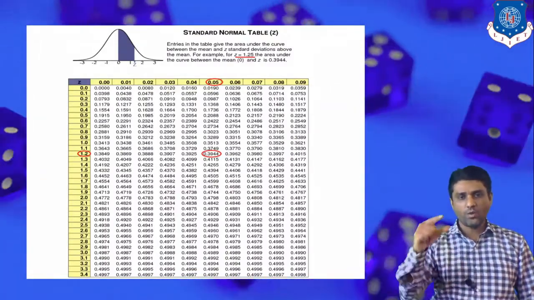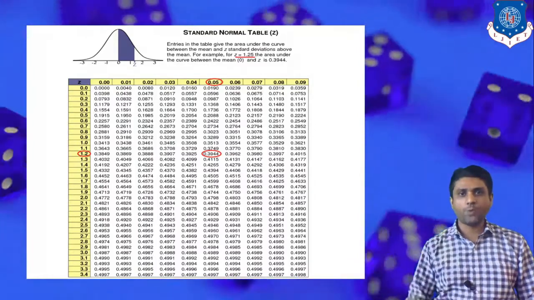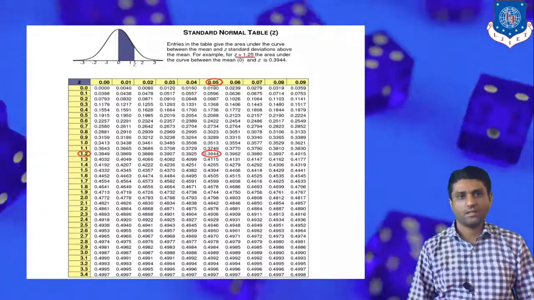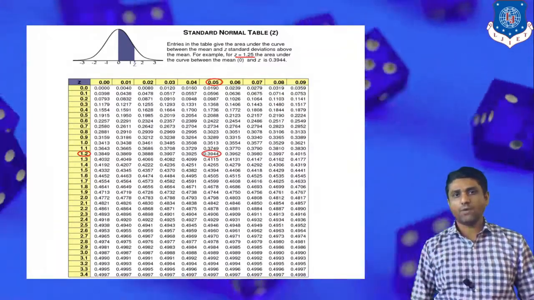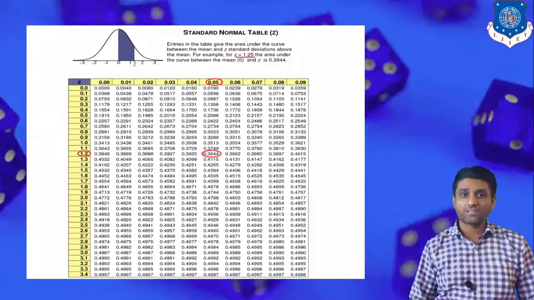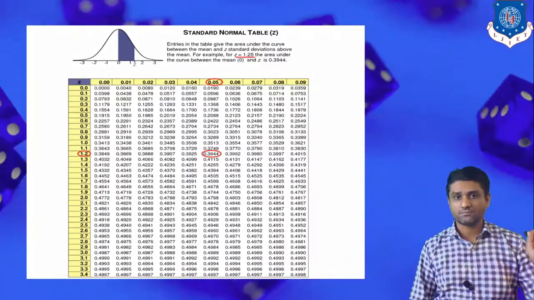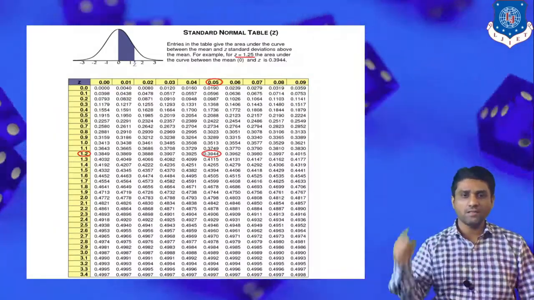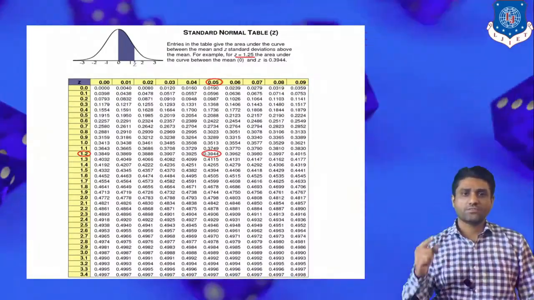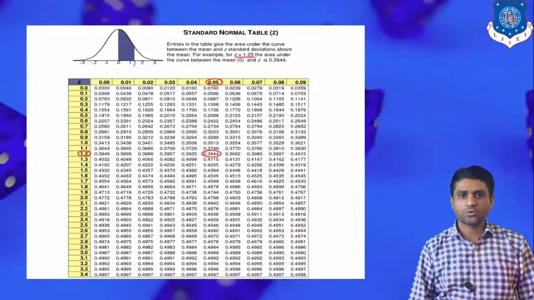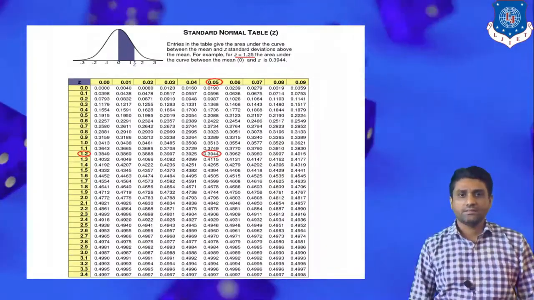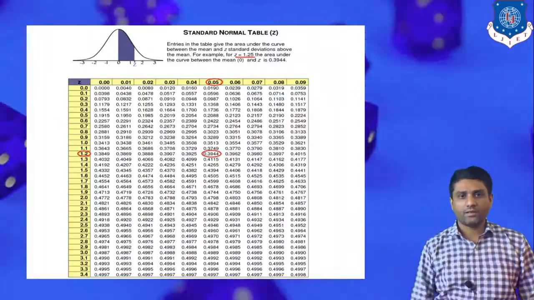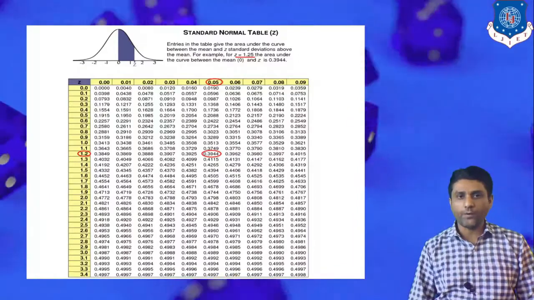Our aim is to find the probability of that portion. Ultimately we would plug the values of x, mu and standard deviation into the previous formula, but here we use the standard normal table to find the area under the curve. So the value of z is 1.25.